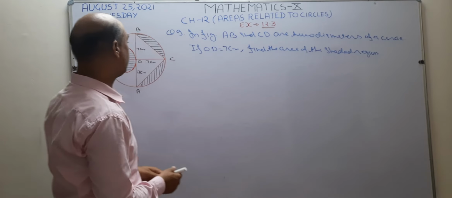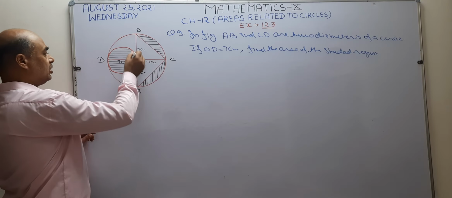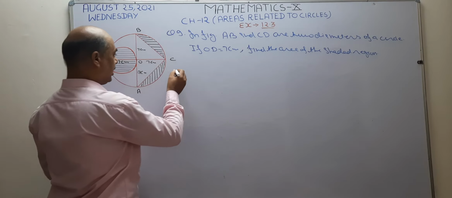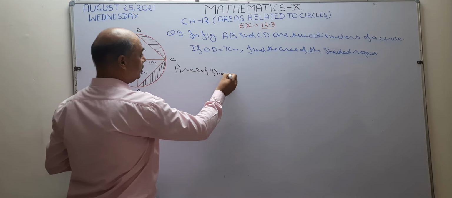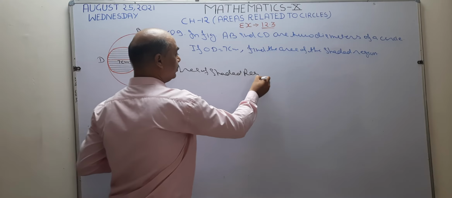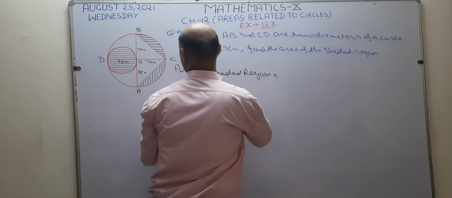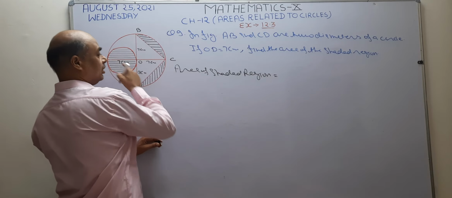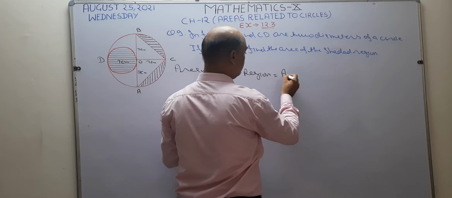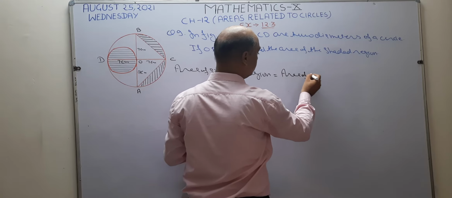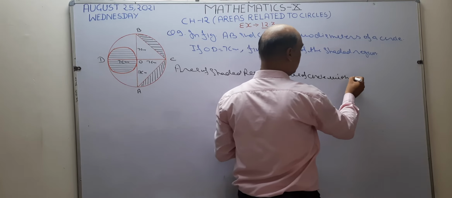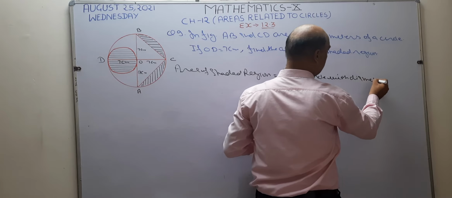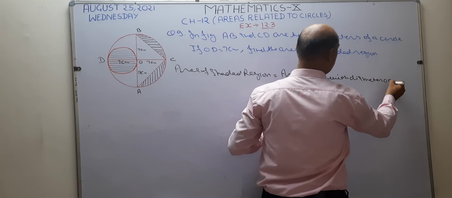Now check where this area is going to be shaded. First, this circle is there. So right here, area of shaded region. The first part is the area of the circle with diameter OD.